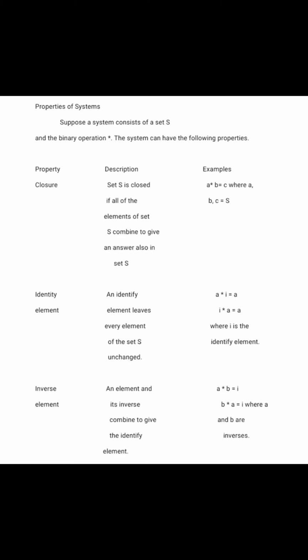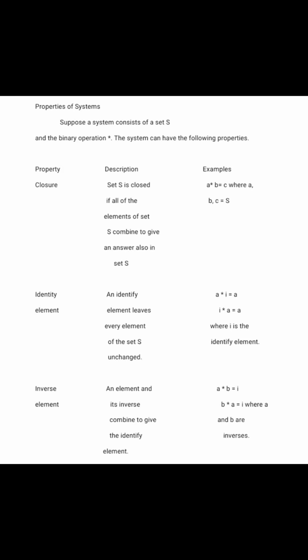Properties of systems. Suppose a system consists of a set S and a binary operation. The system can have the following properties. Property: closure. Set S is closed if all of the elements of set S combine to give an answer also in set S. Example: A times B equals C, where A, B, C belong to S. Identity element.